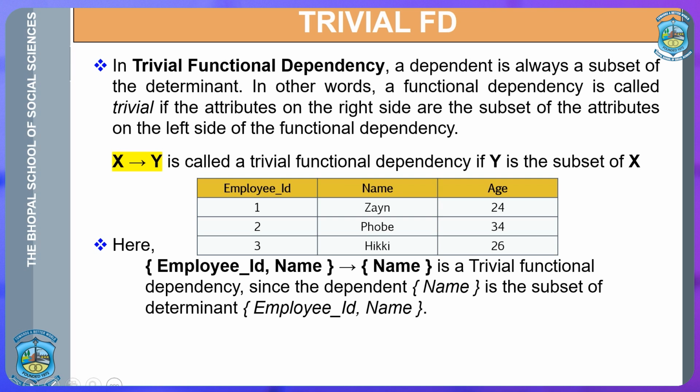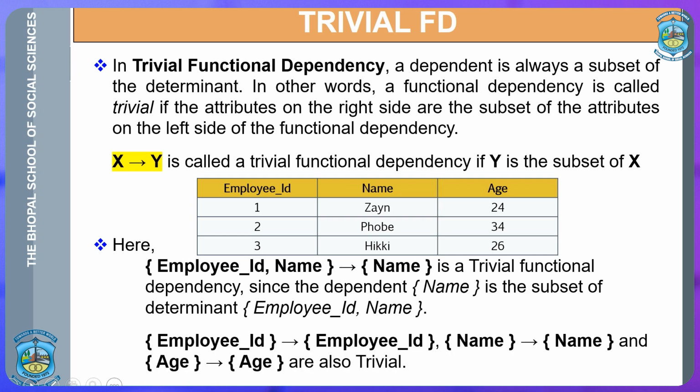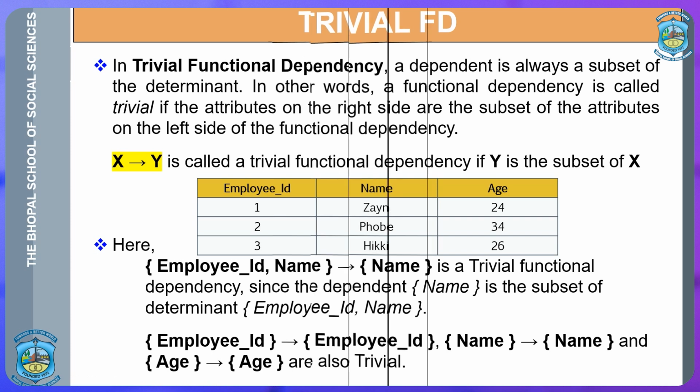Hence, this is called a trivial functional dependency. Also, every element can determine itself. So, we have employee ID → employee ID, name → name, and age → age. All are functional dependencies of the trivial type.